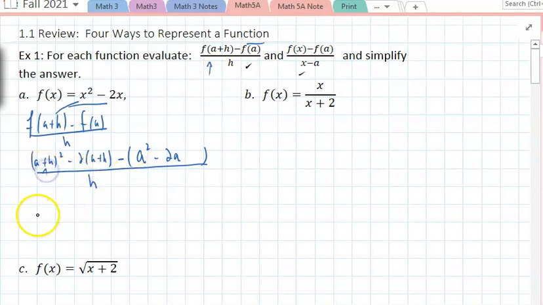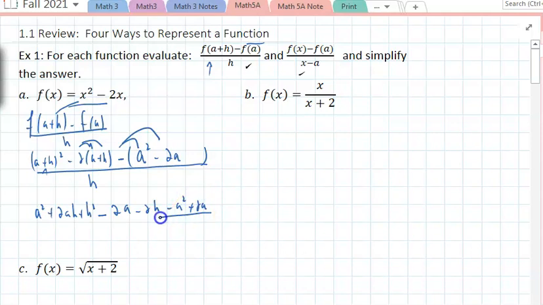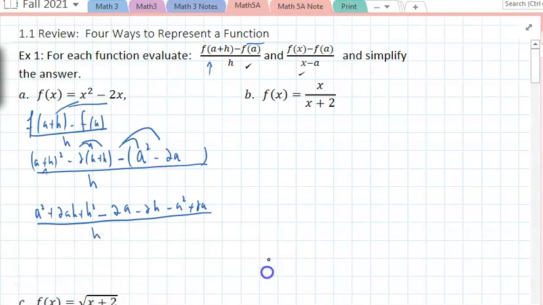If I FOIL that, that's a squared plus 2ah plus h squared, minus 2a, minus 2h, minus a squared plus 2a, all over h. I underestimated the spacing on this. There we go. So those two cancel out and those two cancel out.